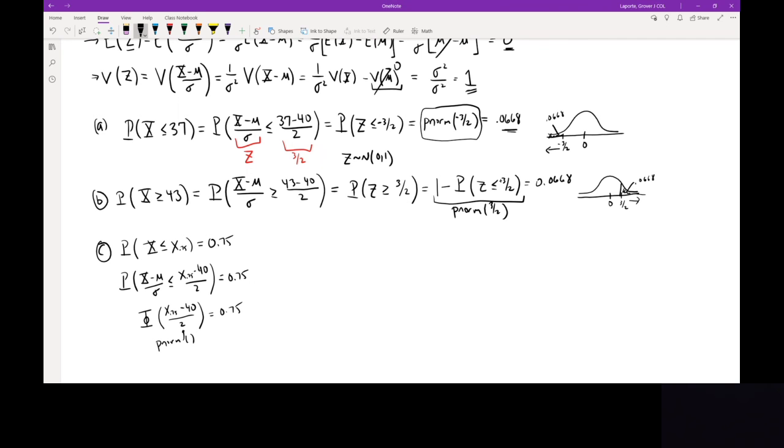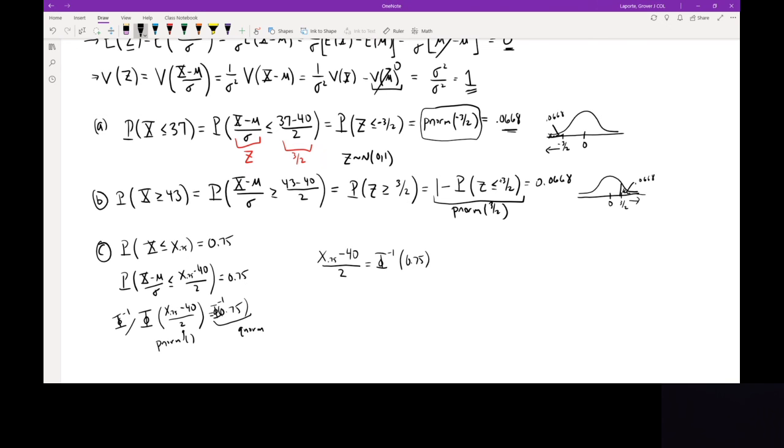The inverse of the standard normal at 0.75 is called Q norm. And these two go away and just leave you with x 0.75, because when you take the inverse of a function, it just leaves you with whatever goes into that function. So we're left with x 0.75 minus 40 divided by 2 is equal to the inverse function, which is our Q norm, of 0.75.